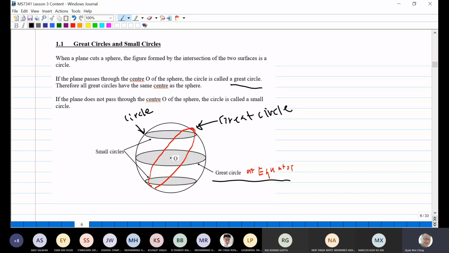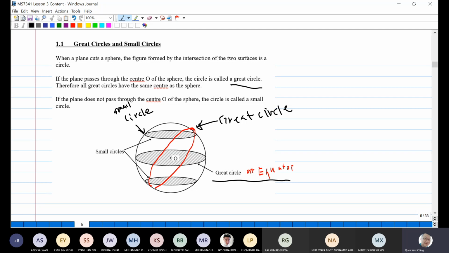And then there are other circles. We call them small circles. This one is a small circle here. The other one is also a small circle, as indicated in the diagram.